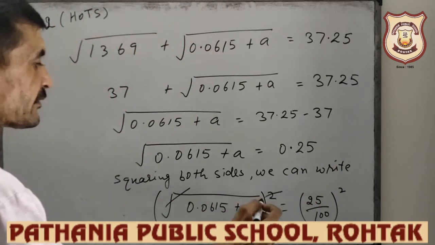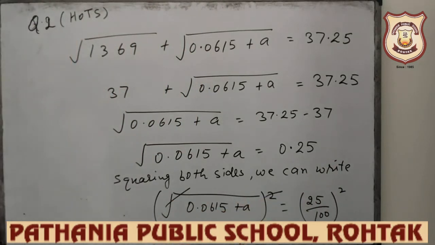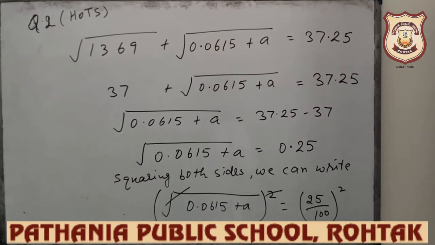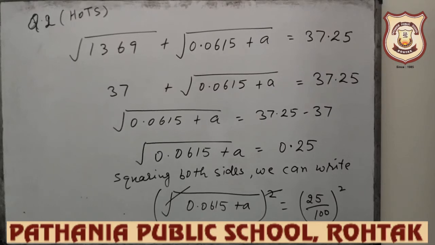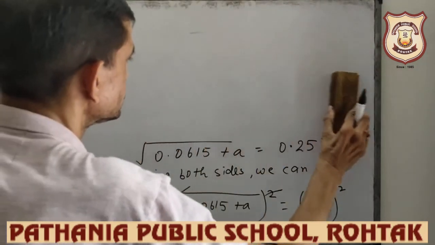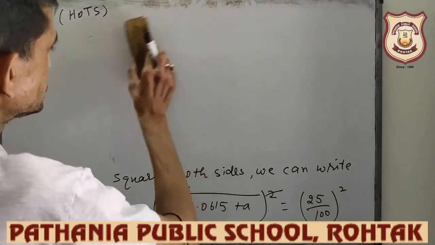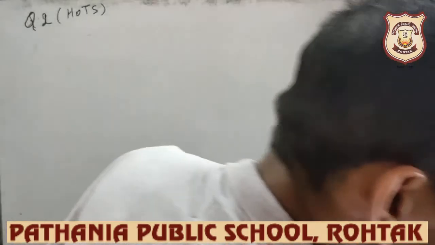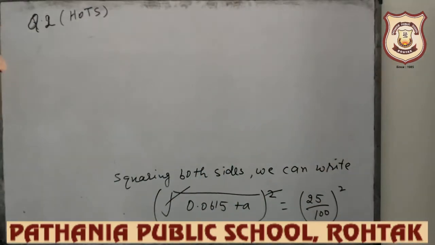Now this square root and square cancel. So what is left? I am going to write that this one is left.